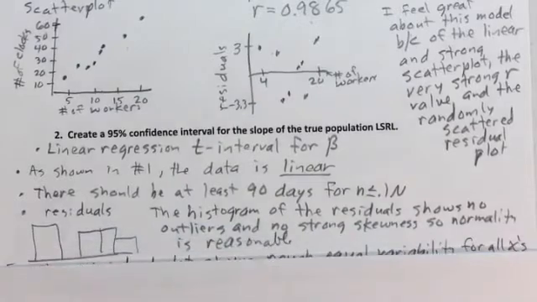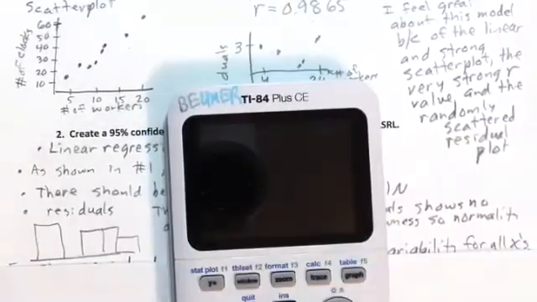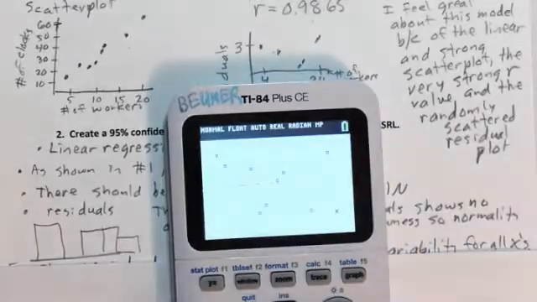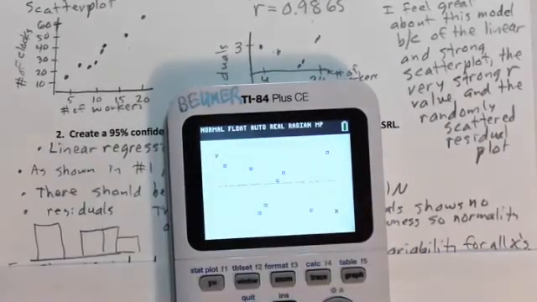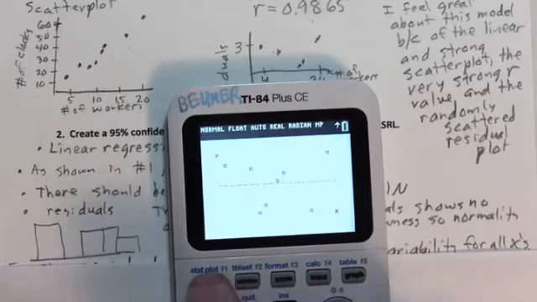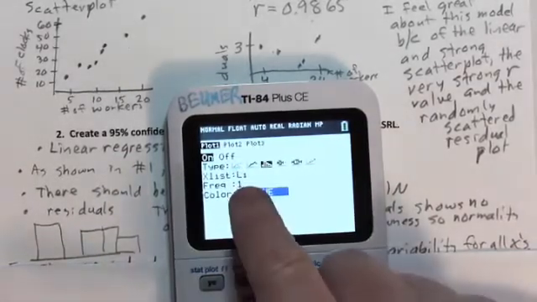The way to check for normality is to make sure your residuals themselves don't show any outliers or strong skewness. So what you could do is make a histogram of your residuals. There's my residual plot, but I need to look at a histogram of the residuals. So I go 2nd, STAT PLOT, hit enter, and go to histogram, and I want to look at the residuals.